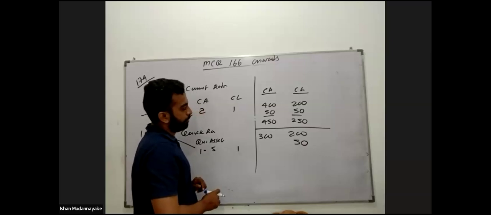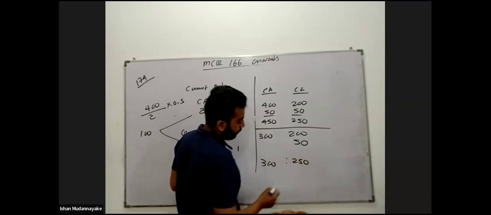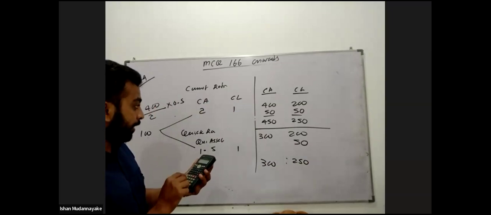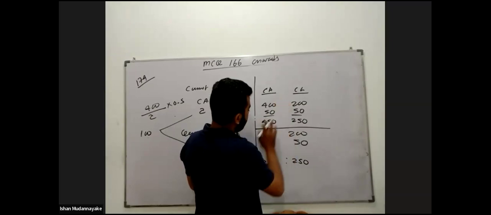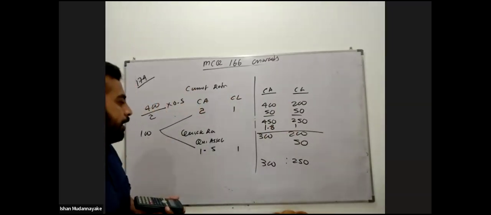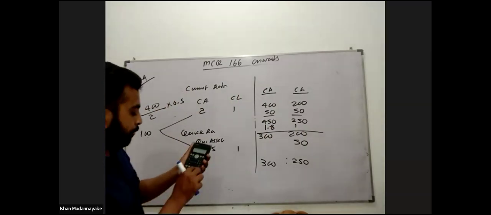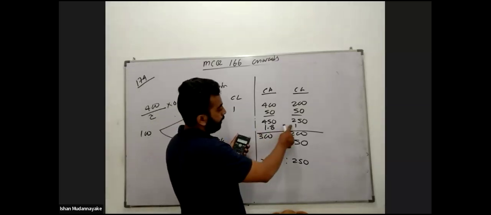So quick assets remain 300 but current liability is 250. Current assets 450 divided by 250 is 1.8 times, current liability 1.